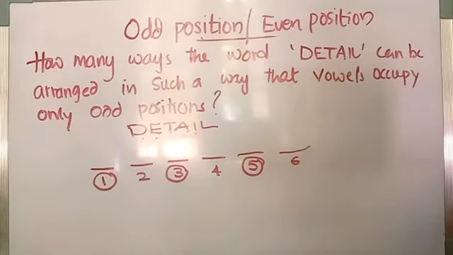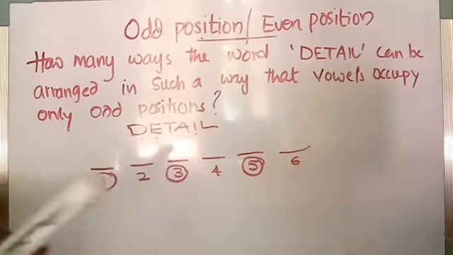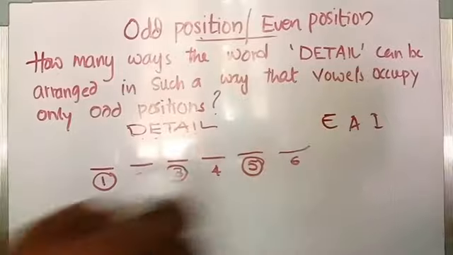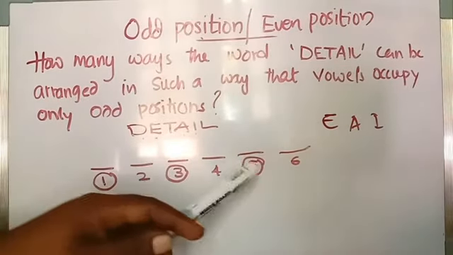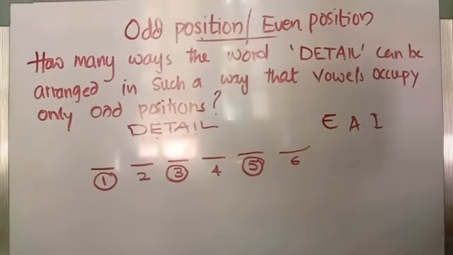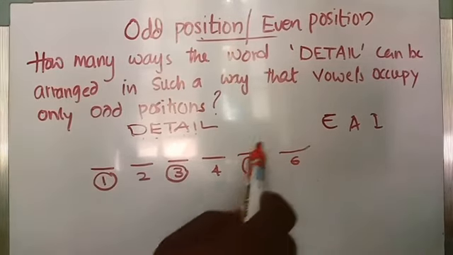So we have to arrange the vowels E, A and I. Which are the vowels? E, A and I. We have to arrange these vowels in these odd places. And this question is very simple. Why? Because we have three odd places and three vowels.